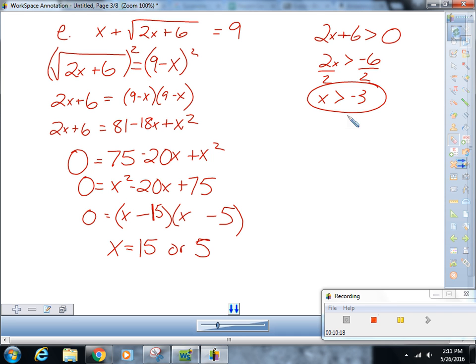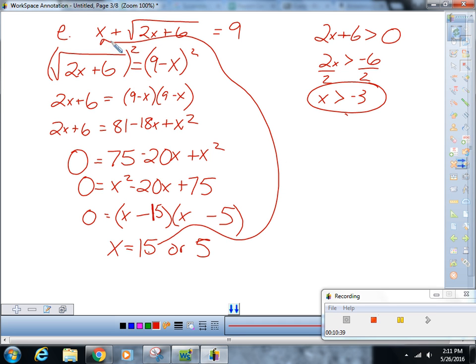Okay? So if I go back up and put 15 in to my original equation, I get 15 plus the square root of 36 is 6. And does that equal 9?